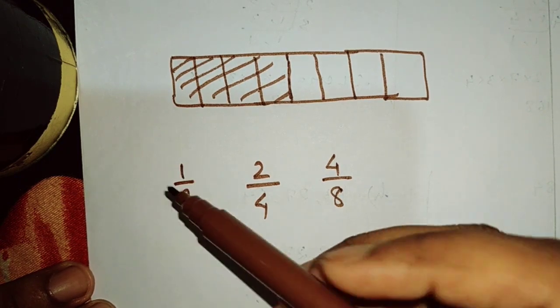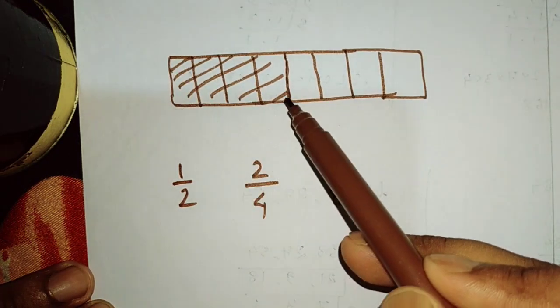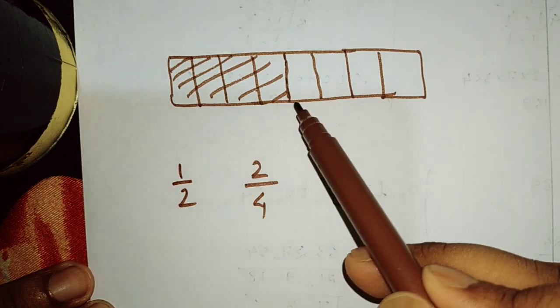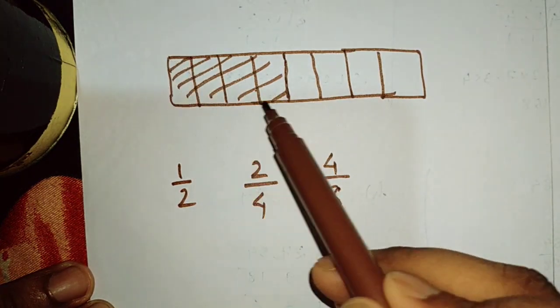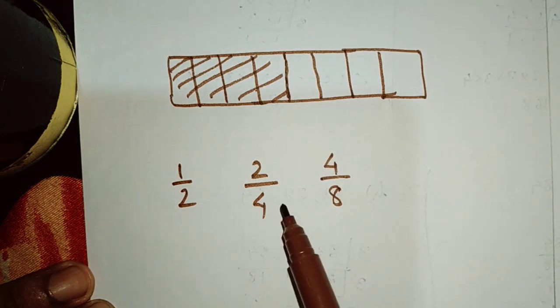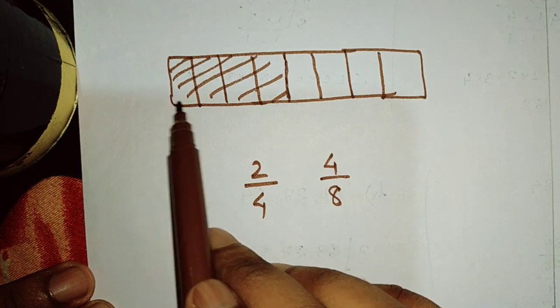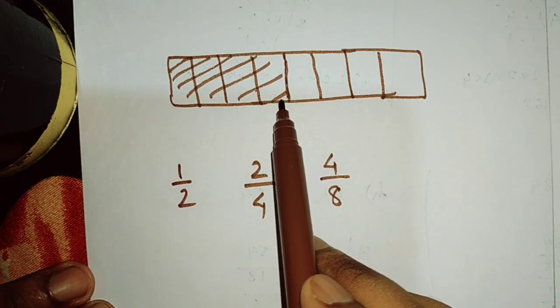Now in our first case, we considered 1 by 2 for this quantity, this part. For 2 by 4 also this part, isn't it? 4 by 8 also this part. I am taking different fractions. What I am saying is that the value or the quantity of the chocolate is remaining the same.